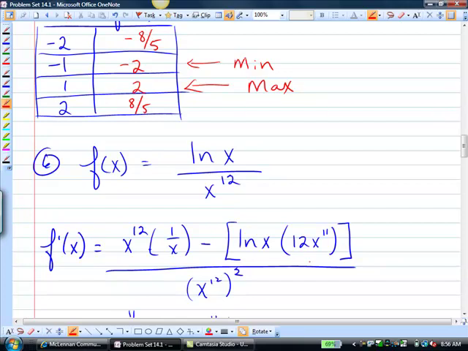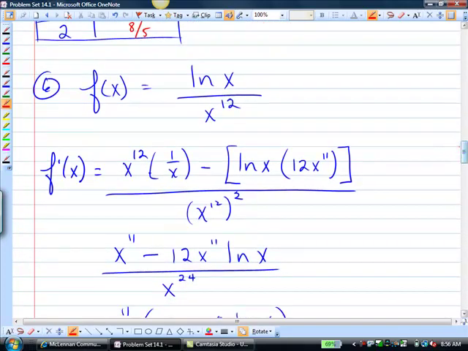It's just you have to think about that ln x thing being in there. When you multiply x to the 12th times 1 over x, what happens? That x can cancel out, and that becomes x to the 11th. So that's just simplifying that one.